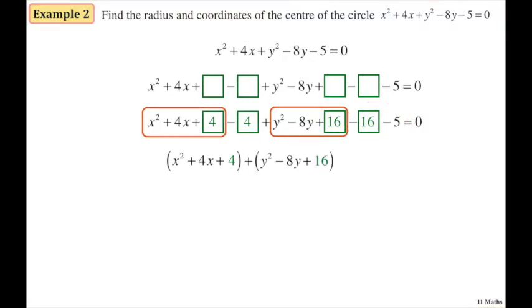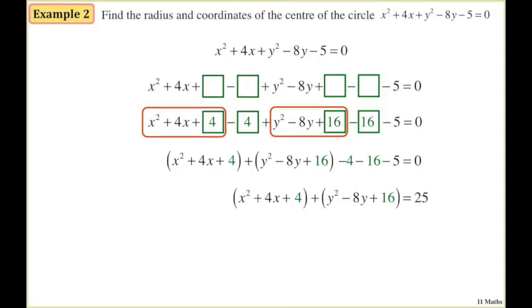The first two orange boxes don't change, and the other numbers, -4 minus 16 gives -20, take away 5, -25. Now that -25, when I add it to both sides, will generate my plus 25.